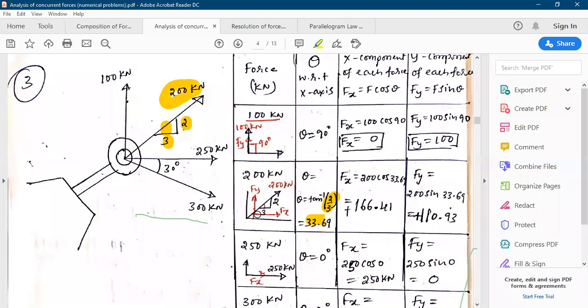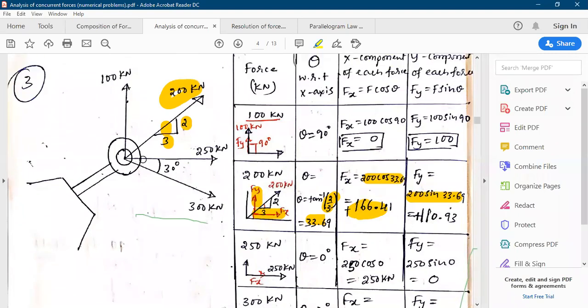Resolving that force along its x direction and y direction, the x component is acting positive rightwards, and the y component is acting upwards, positive. Fx is given by 200 cos 33.69 and Fy is given by 200 sin 33.69. So Fx is 166.41 and Fy is 110.93.